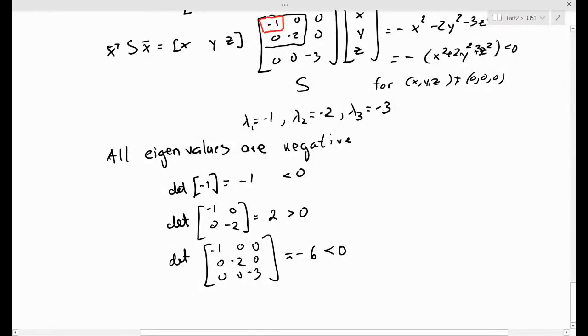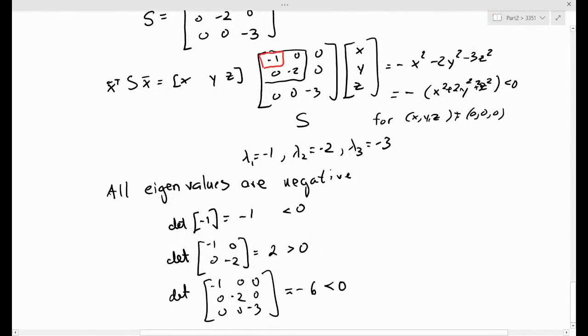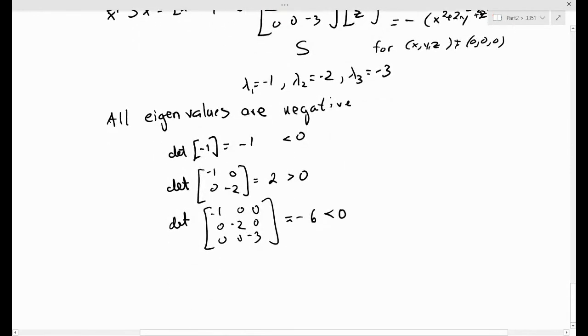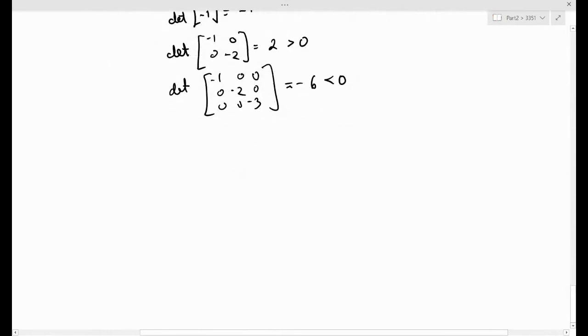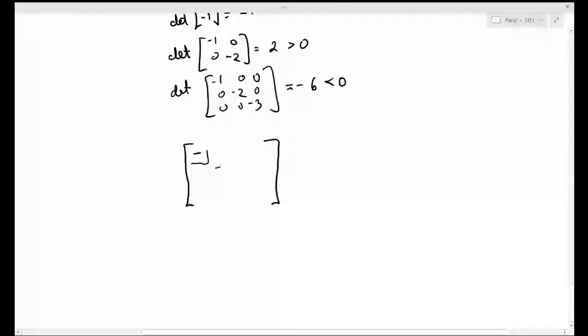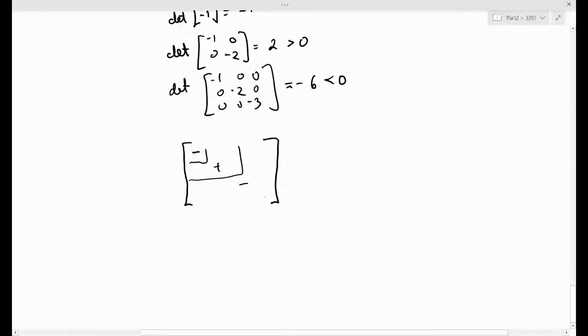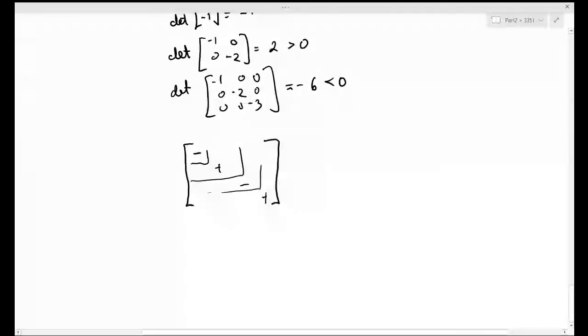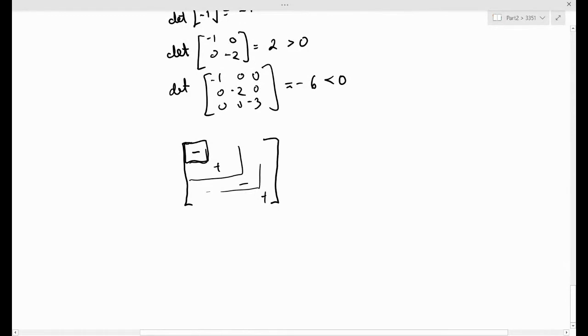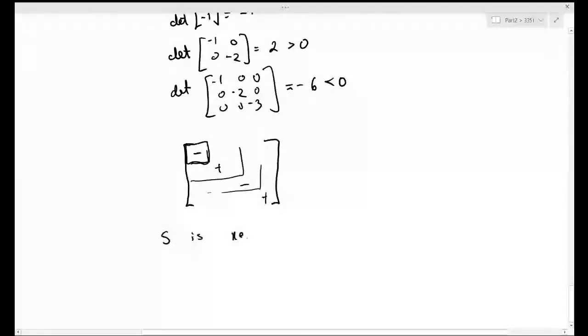So I'm just motivating a more general test for a negative definite matrix, right? So if the determinants here alternate from minus to plus to minus to plus, but starting with a minus, the first determinant of the 1,1 entry has to be negative. So we say that S is negative definite.